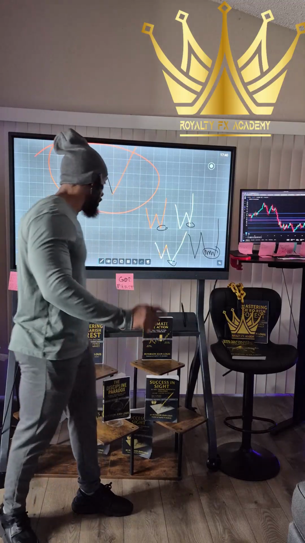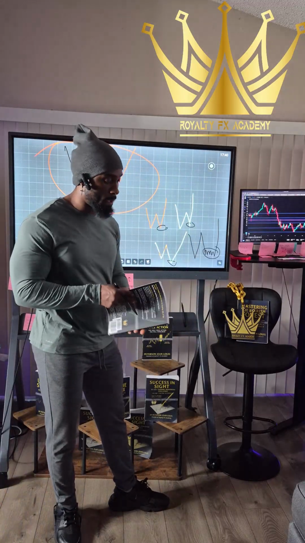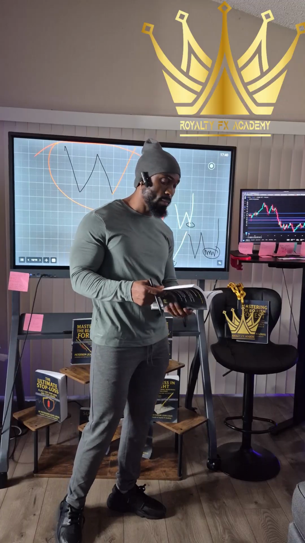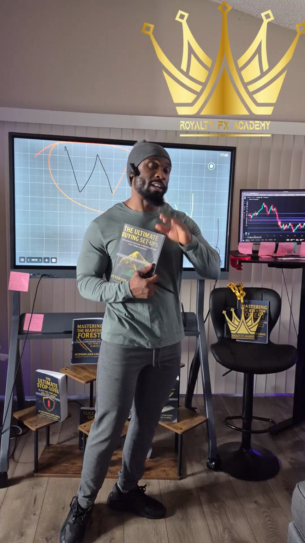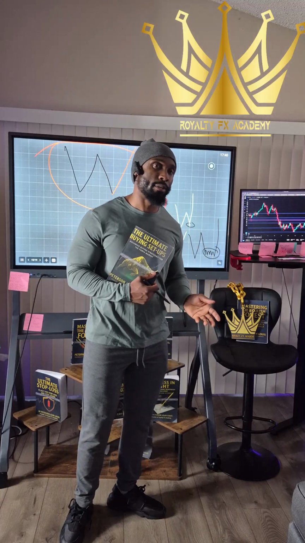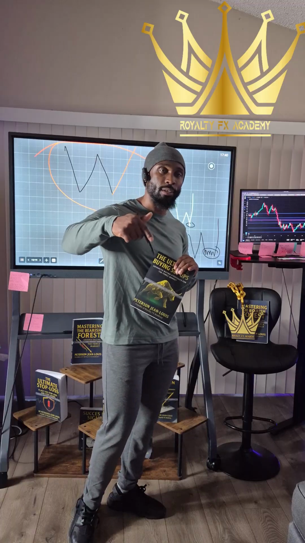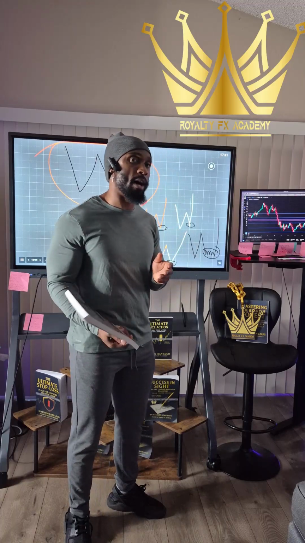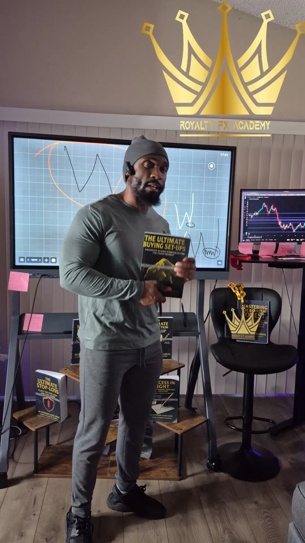Like the ultimate buying setup, in this book I have all 6 different variations of double bottoms that the market will give you before it buys. And I have all 6 different variations of break and retest the market will give you before it buys. So this book is going to make your learning a lot easier.